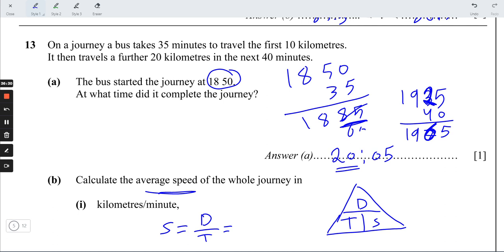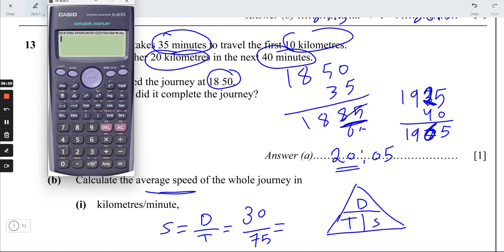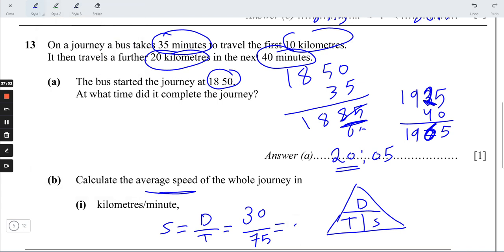Here it's 10 kilometers and 20 kilometers, so it's 30 over the time they took to travel this 30 kilometers, 35 minutes and 40 minutes, so 75 minutes in all. 75 minutes. 30 divided by 75 equals 0.4.